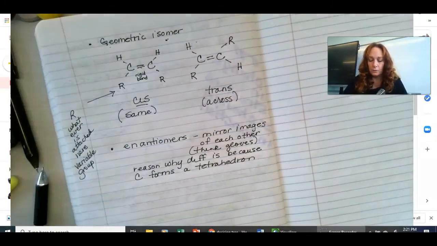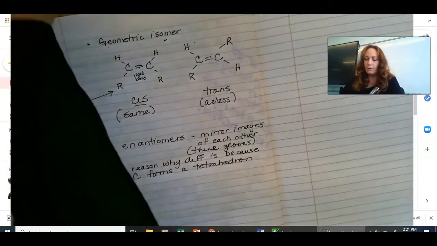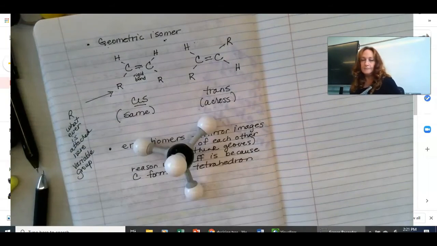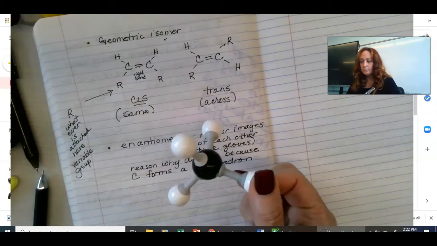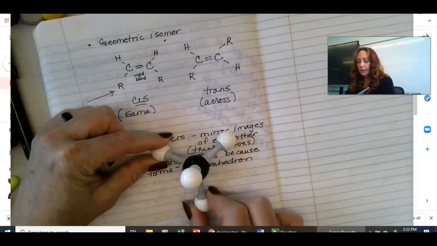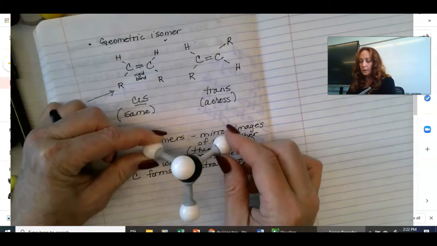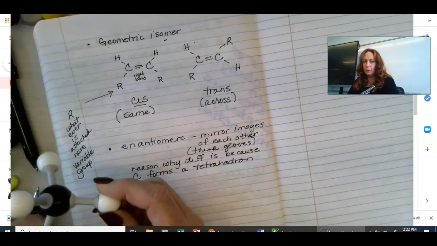That's why these things are really aggravating. That's a tetrahedron. So if I put something here, it is in a different place relative to the others than the mirror image of it over here.